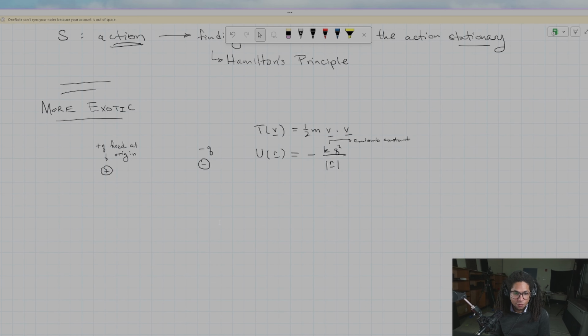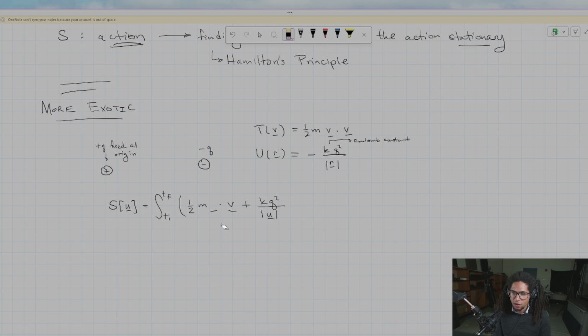All right, so let's see if we can just stick this into our action and if it works out as expected. Once again, I'll let the trajectory that we're actually testing be u. I'll say that our action is defined by an integral from t initial to t final of T minus U. So that's going to be 1/2 m v dot v minus U, but this minus sign cancels the minus sign implicit in U, and so we get plus kq squared over the magnitude of u.